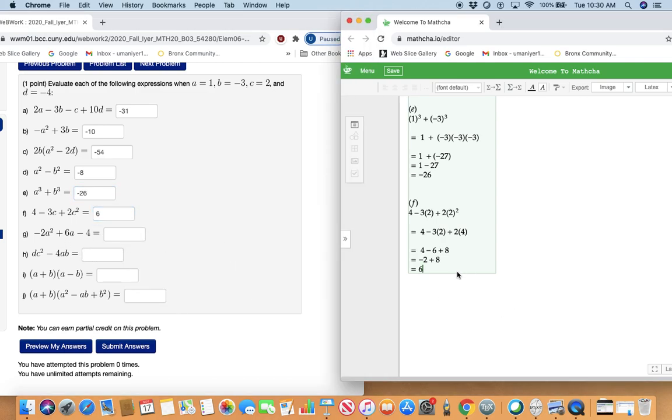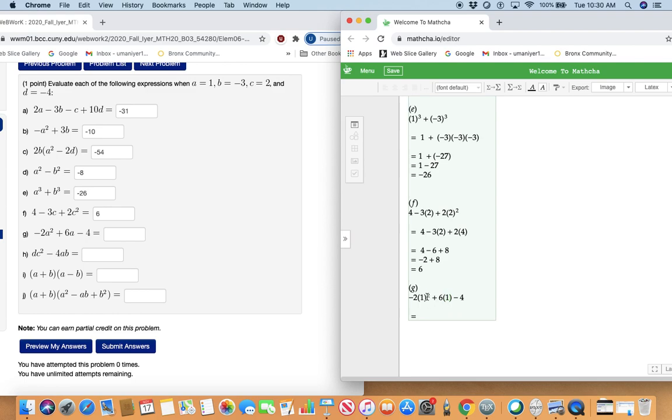Next. Negative 2a squared plus 6a minus 4. When I see parentheses, I plug in for the variable. A is 1, so I'm going to substitute 1 here and 1 here inside.